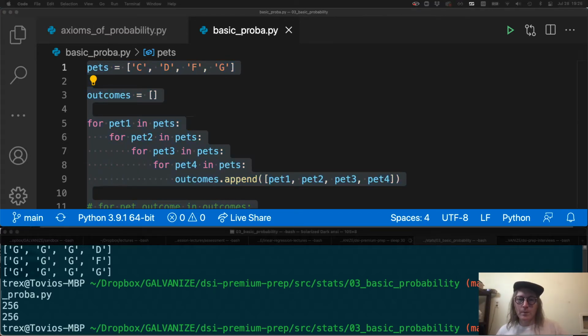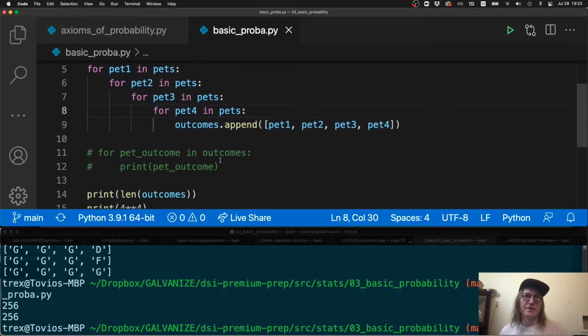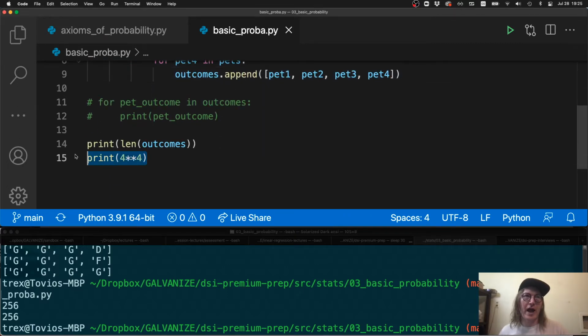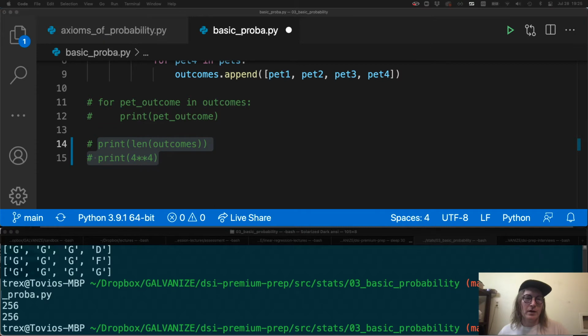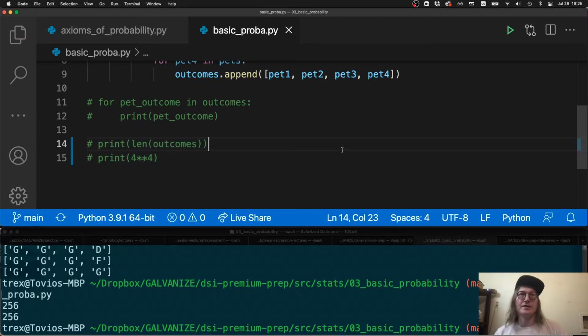Okay, so what we've done here is we've built a sample space. This outcomes is a sample space that we can consider as our S. What we can do from there is define a subset of S, right? And I'm going to leave this to you.